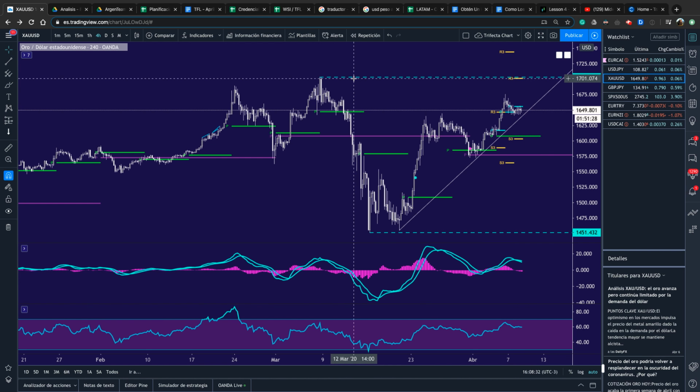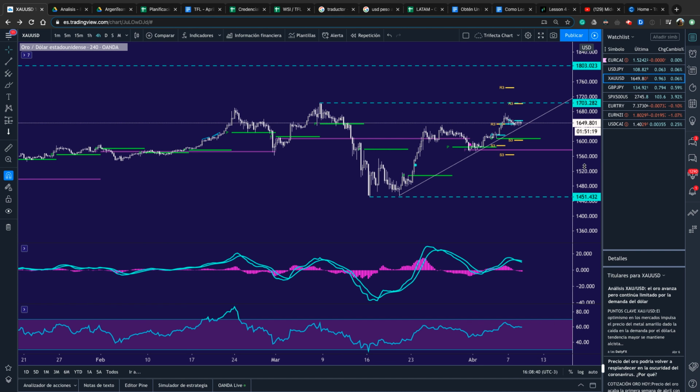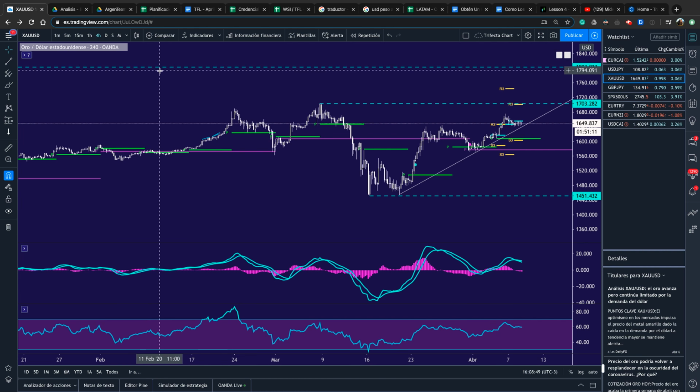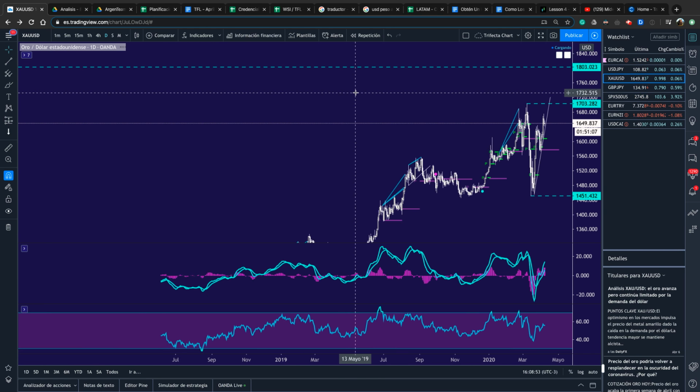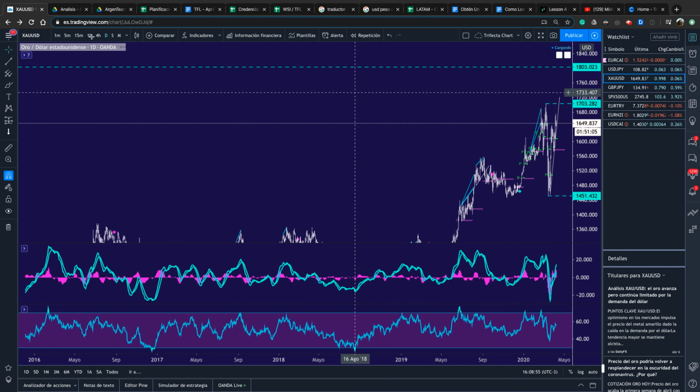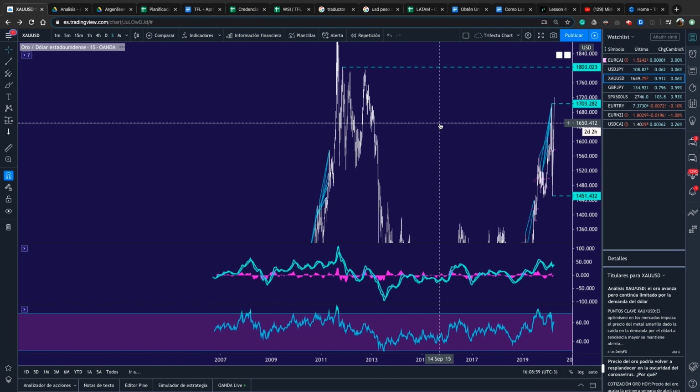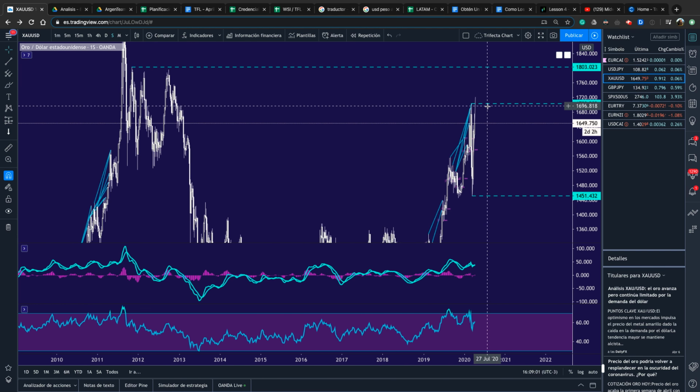And if we break this level of 1703 we could see the gold rising easily until this level of 1803. Why is that? Because this is a relevant resistance level. I'm going to bring the weekly chart because it will be easier.